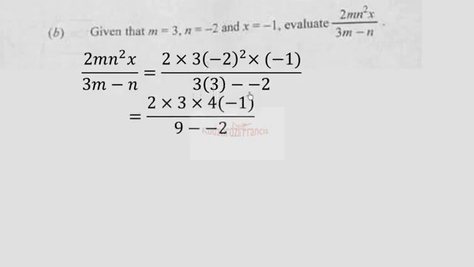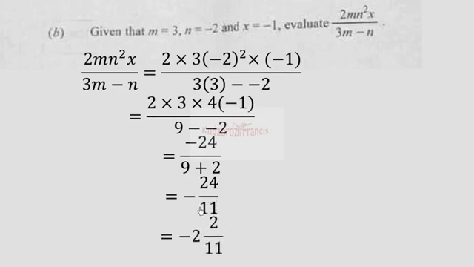Then the -1, multiply all this: 2 times 3 times 4, 2, 3, 6. This will give you -24 over 9 plus 2, which is -24 over 11, and that will be -2 whole number 2 over 11.